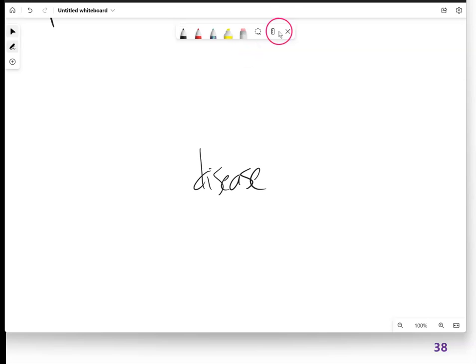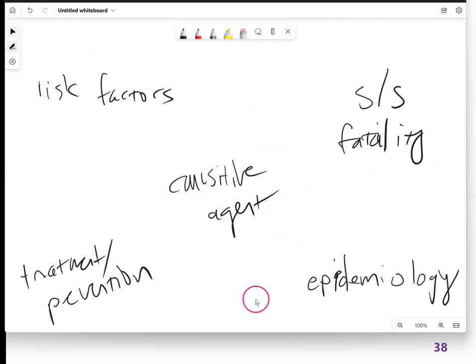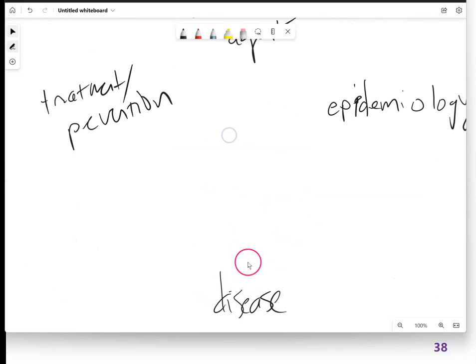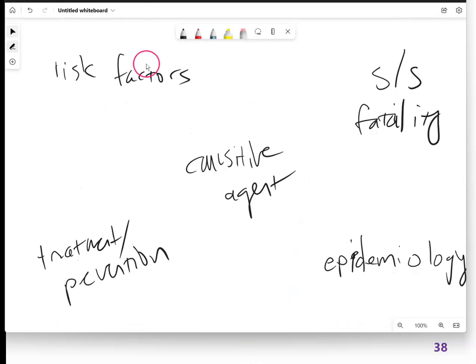Now what that lets you do is study all these things together and then test yourself: what's the name of the disease? Or cover up the risk factor and see if you can remember the risk factor that goes with the rest of these things. Cover up the causative agent and see if you can remember the causative agent that goes with all these things. When it comes to memorization, you first do encoding work.